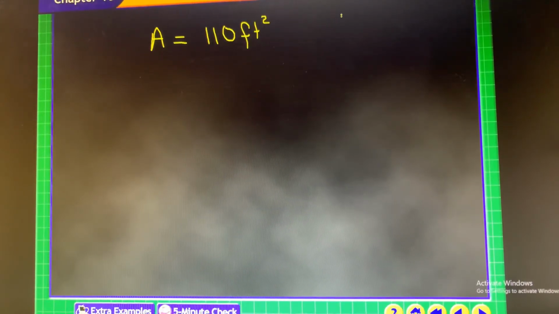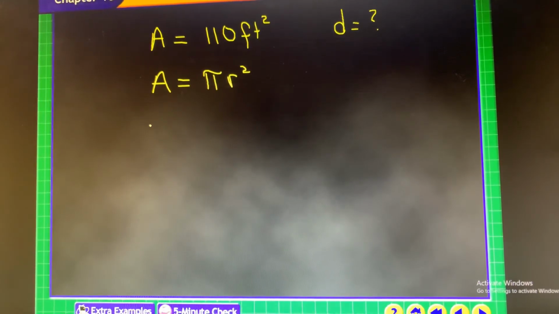And I say to you, what's the diameter equal to? So let's think about working backwards on this problem. You know how to find area: area is equal to pi r squared, right? Plug in what you know. Area is 110, pi r squared.